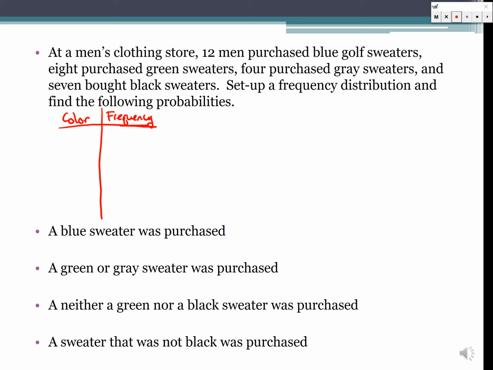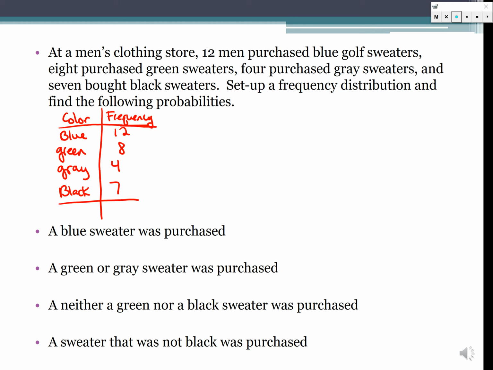So the colors, we have blue, we had 12. Green was 8. Gray was 4. And we have black at 7. Your total frequency is going to be very helpful.